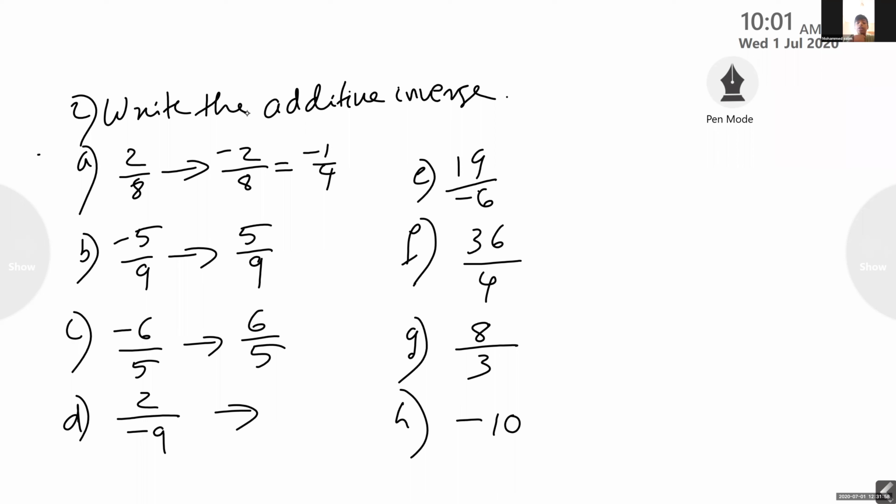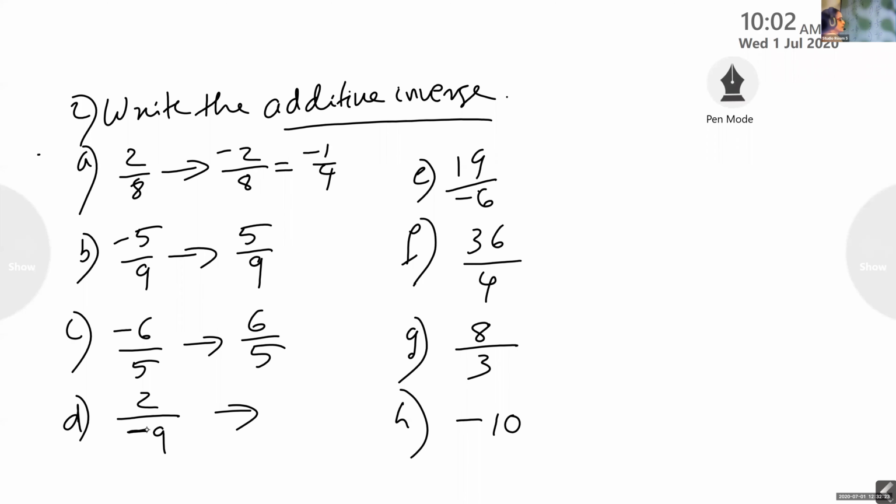Negative 2 by negative 9. Additive inverse means change the sign. So here it is negative. So it becomes what? 2 by 9 is negative.